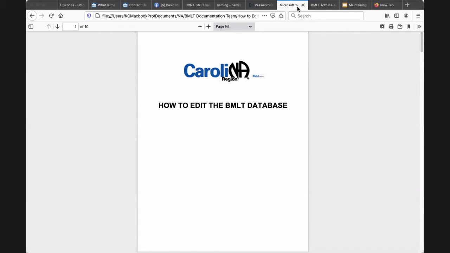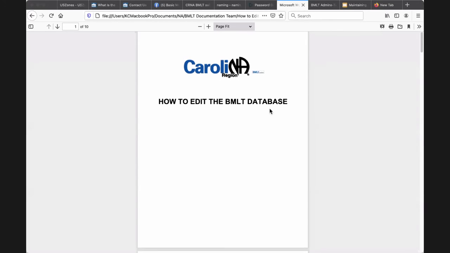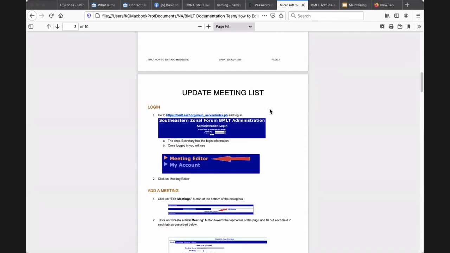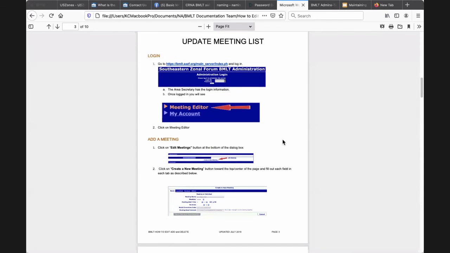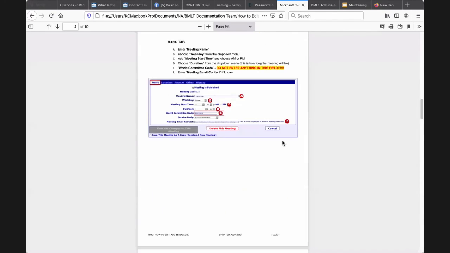So when a new area admin comes on, I have this how to edit the BMLT database, and we go through it, and I set up a Zoom call and I walk them through it so that they can actually, with their username and their password, go through and make any edits, and they have something to refer back to.